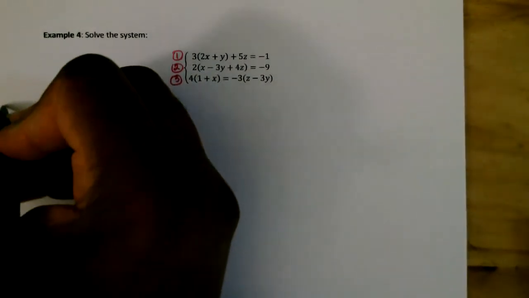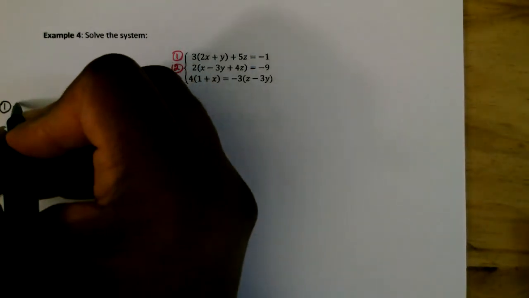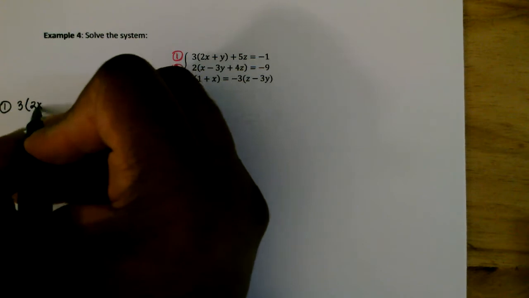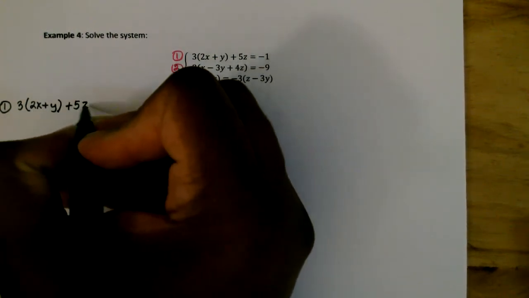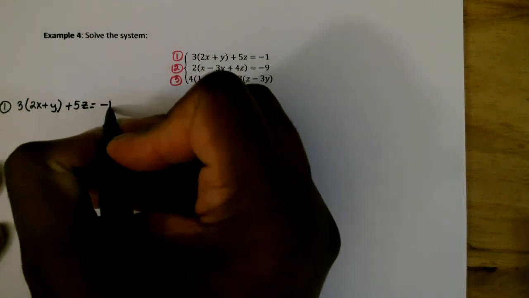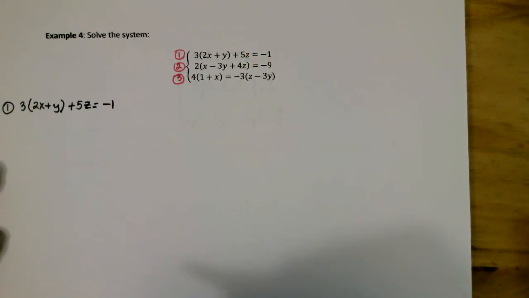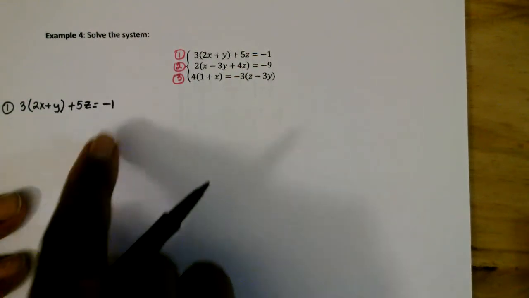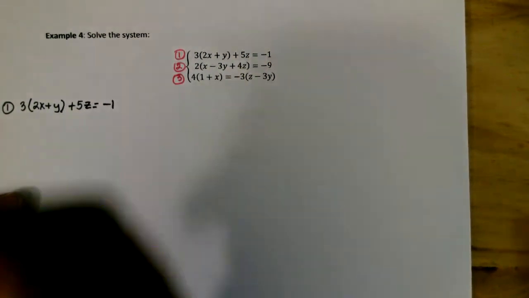So starting with that first equation, here I got 3 times the quantity 2x plus y plus 5z is equal to -1. Let's simplify this in a way so that the x and the y and the z are on one side and the constant terms on the other side. Well, that constant term is on the other side, but let's simplify the left side.